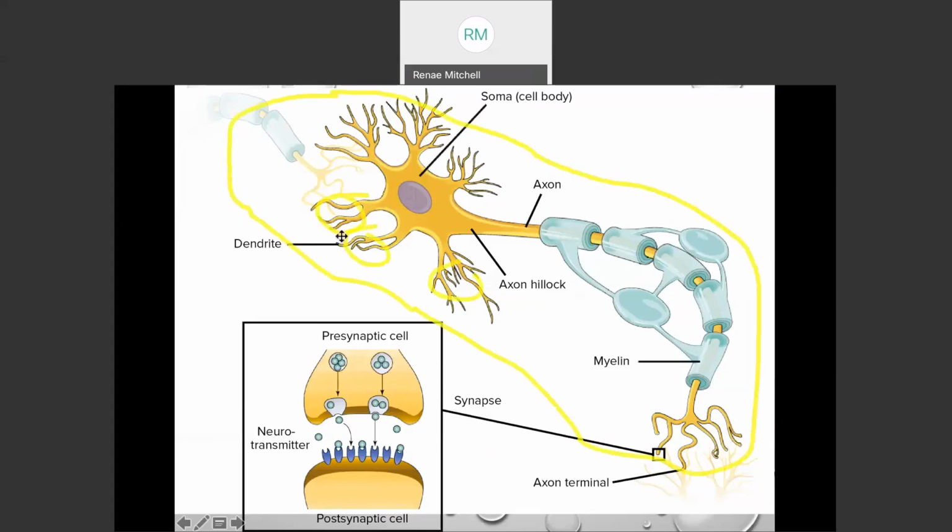They're responsible for sending messages between neurons. Then you have the axon, which is this long tube that transmits information within a single neuron. So the signal moves down the neuron through the axon.